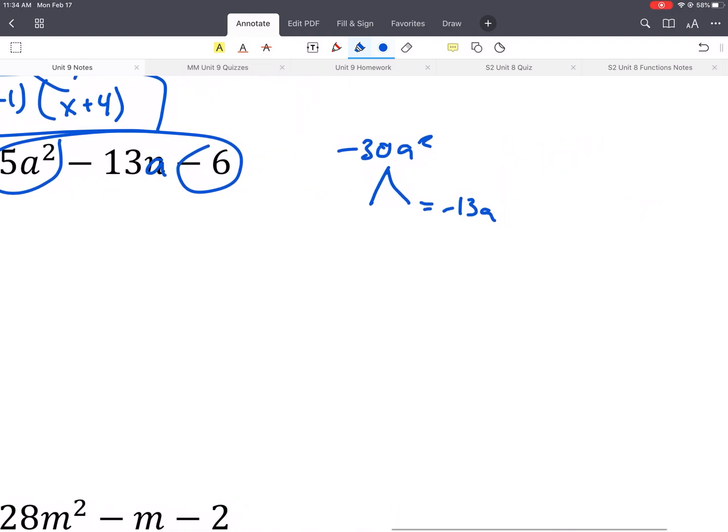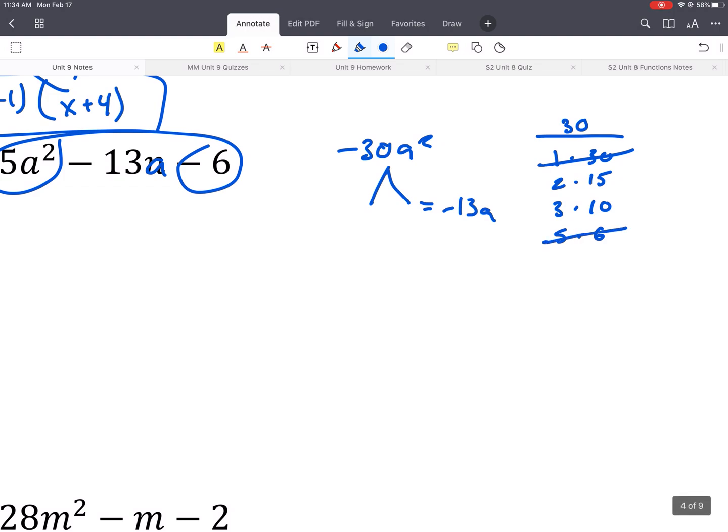So here, let's do factor pairs again for 30. We could do 1 and 30, 2 and 15, 3 and 10, and I think 5 and 6. Obviously 1 and 30 won't give us 13. 5 and 6 can only add up to give us 11, so that won't do it.